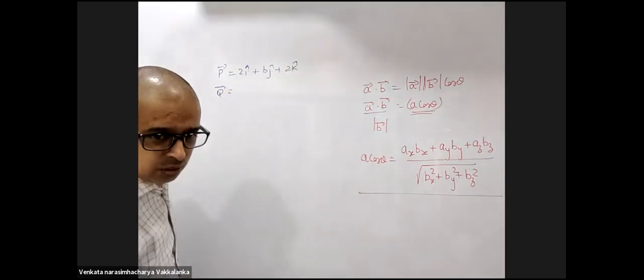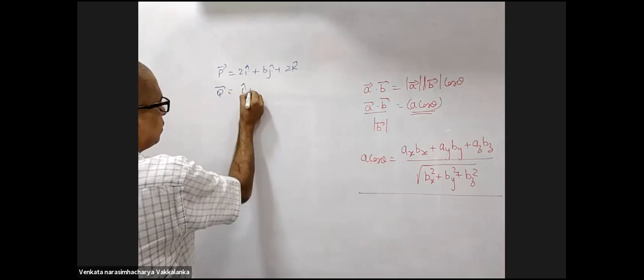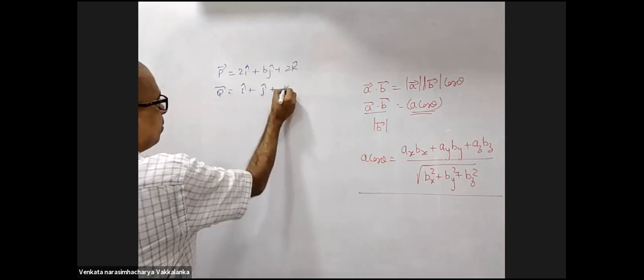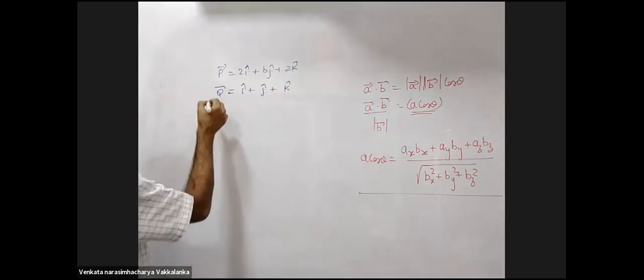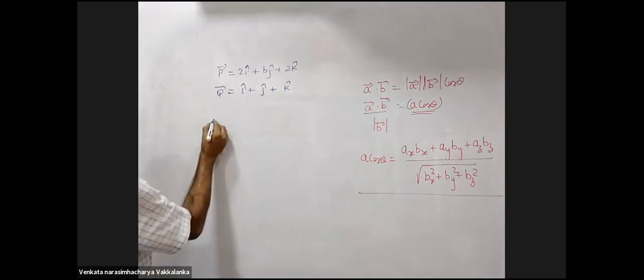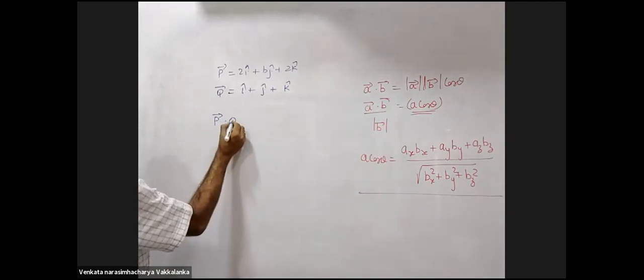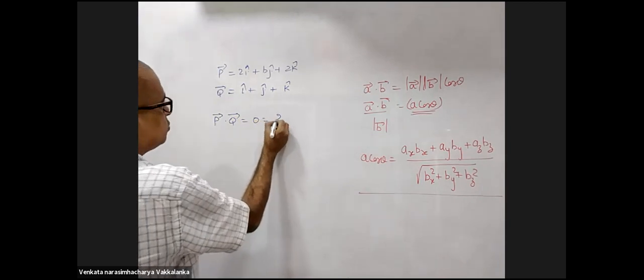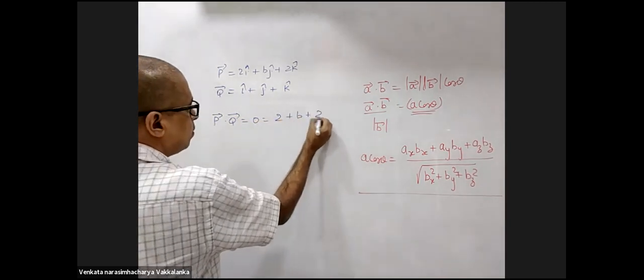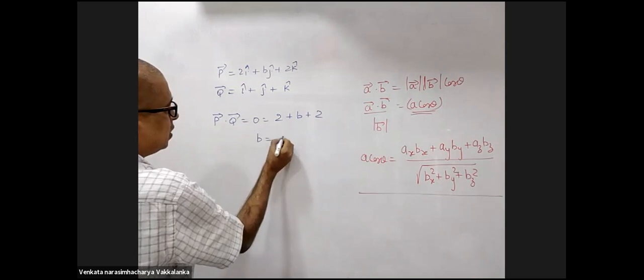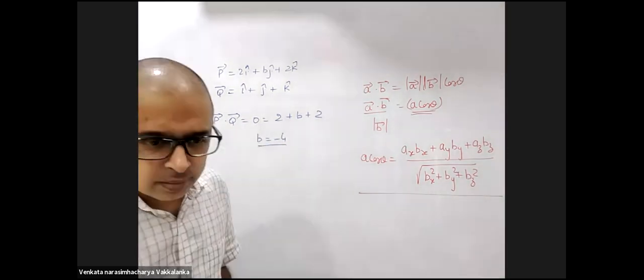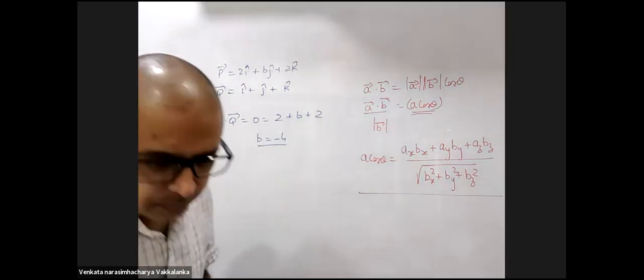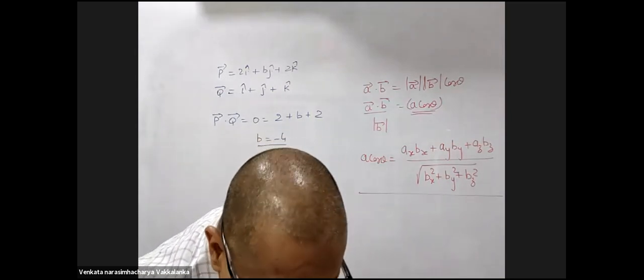Q is i cap plus j cap plus k cap. Now they should be perpendicular, right? So P dot Q should be 0. This is 2 plus B plus 2. B is equal to minus 4. Yes, sir. D option.